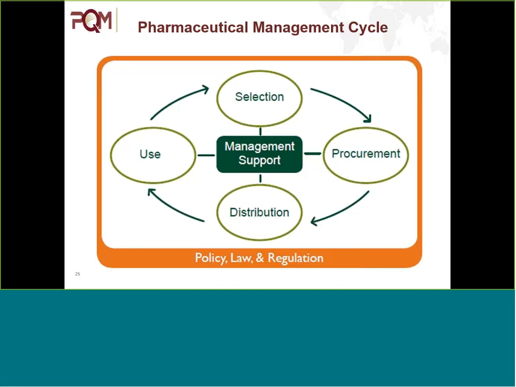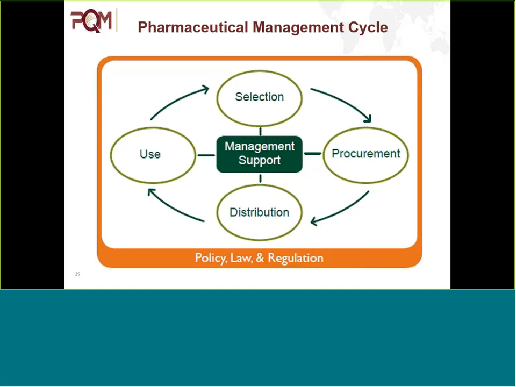So what you see is that from selection all the way to use, whether you're talking about procurement, distribution, storage, a whole range of management capacity are required. They must be put together using appropriate tools that are validated, tried, and tested, that can really diagnose what is ailing the system.